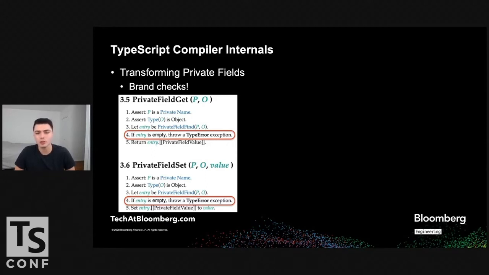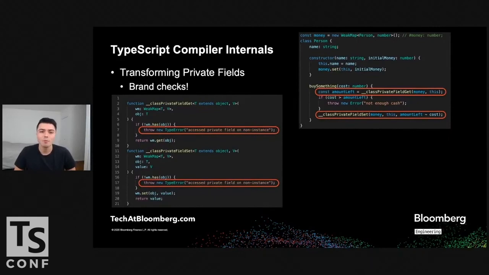This is what we refer to as a brand check. And in our transformation, we simply need to add a check to throw this error. We do this by wrapping access to the weak map in a function called class private field get and class private field set. In this, we just check if the weak map has an association to this object. And if it doesn't, we throw a type error.